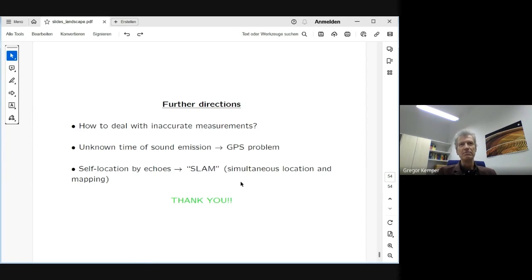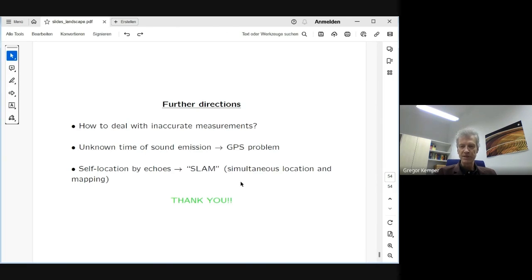Of course you gain more information, and there's a great likelihood that if you're in a bad position with respect to the first speaker, you will not also be in a bad position with respect to the second speaker, at a second position. So it will greatly enhance your chances of not being in a bad position, and it will also help with inaccurate measurements and noise.